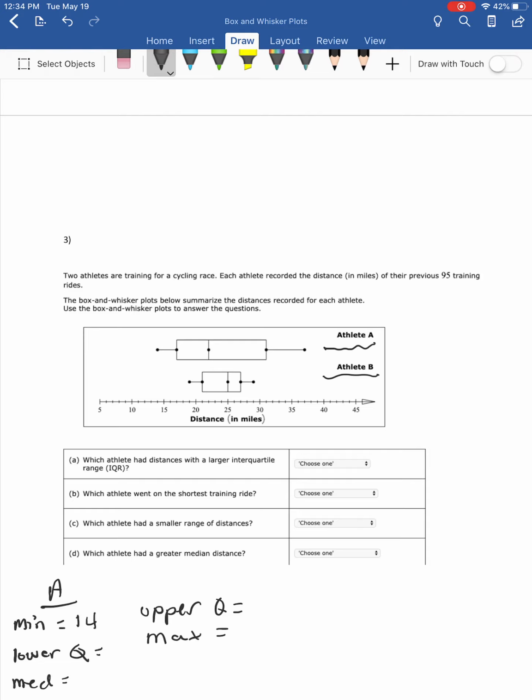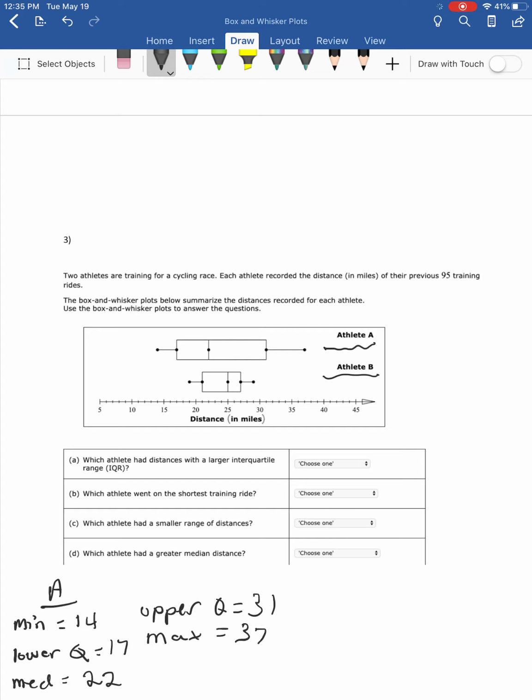His lower quartile is 17. His median is 22. His upper quartile is 31. And his maximum is 37.